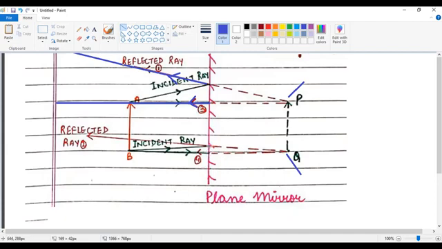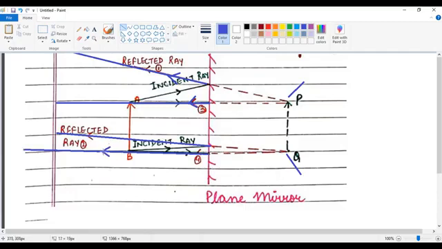Similarly, if you see ray number 2 and ray number 4 from the lower part of the object, you can see that they are again diverging in front of plane mirror.